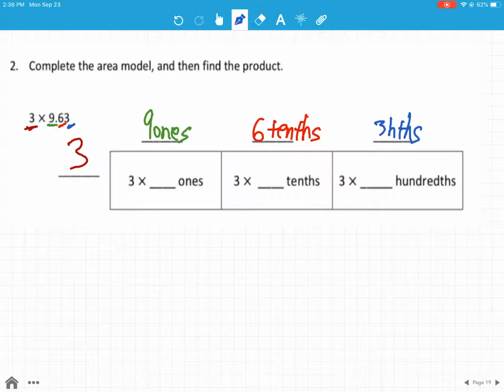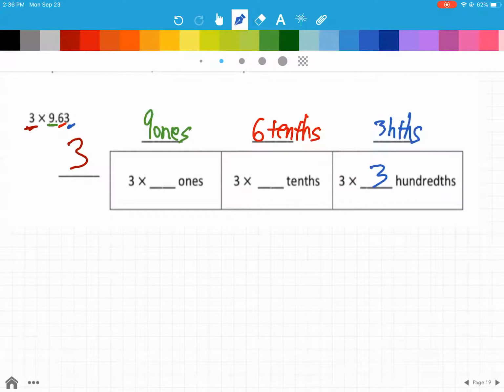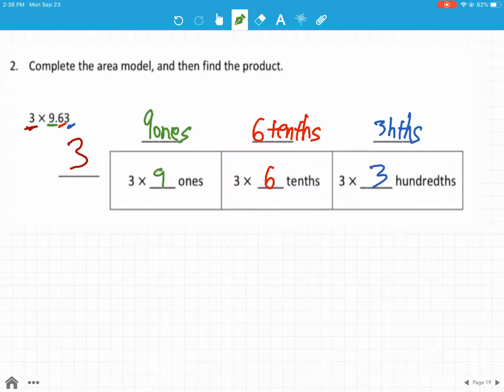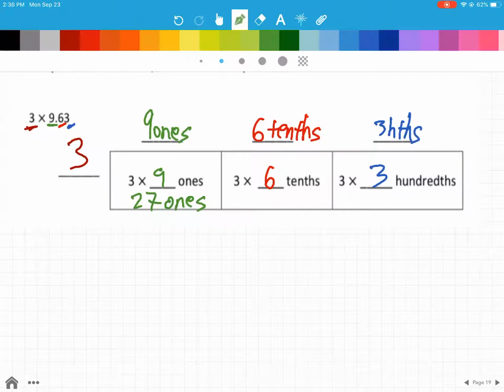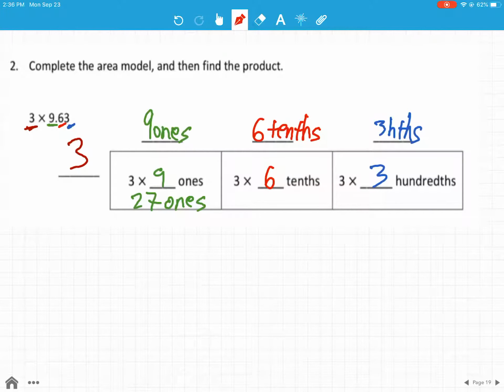All right. So hopefully they see 9 times 3 and they know that's 27 ones. Then we have 6 times 3, and that's 18 tenths. And 3 times 3 equals 9 hundredths.